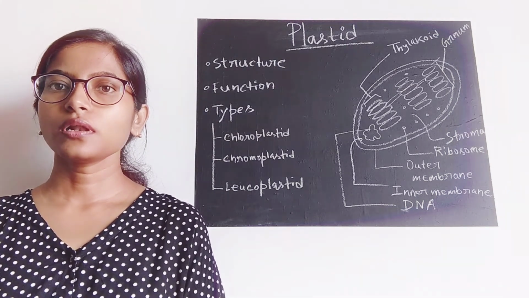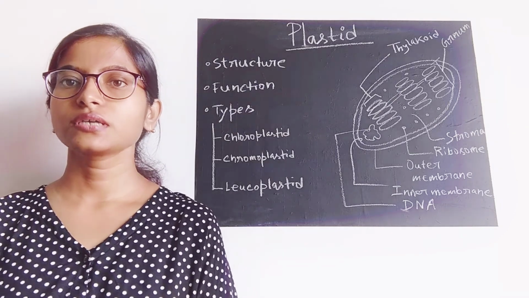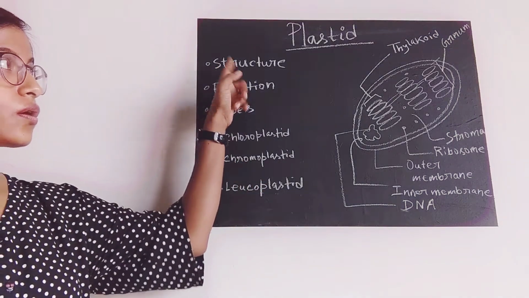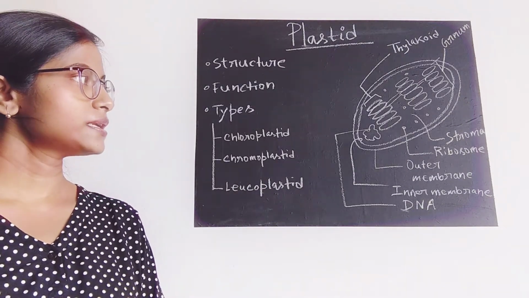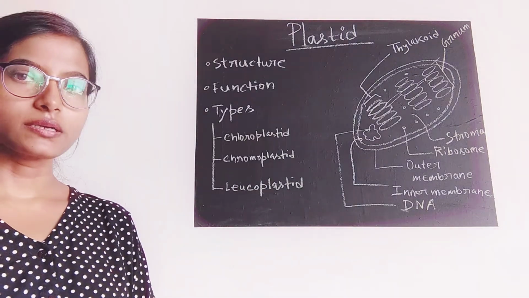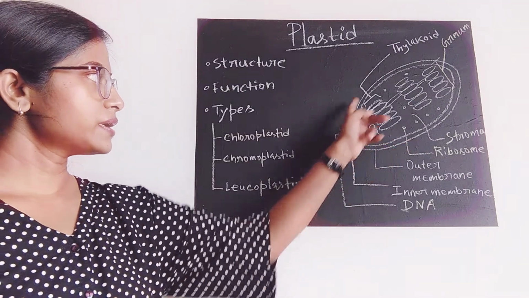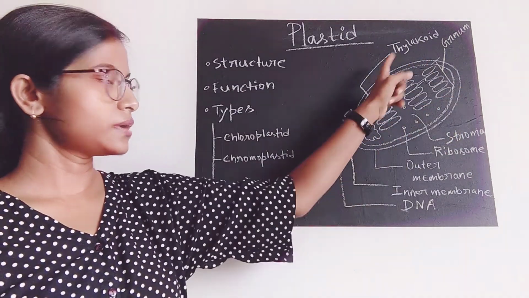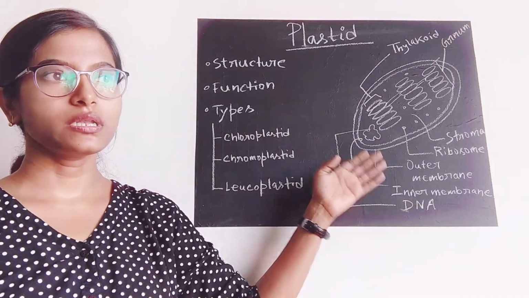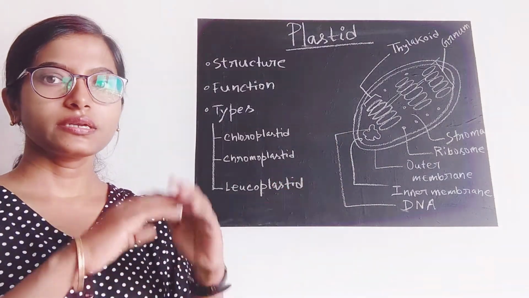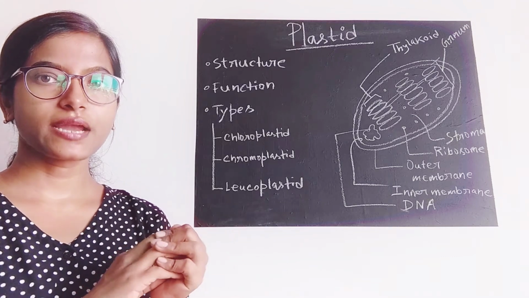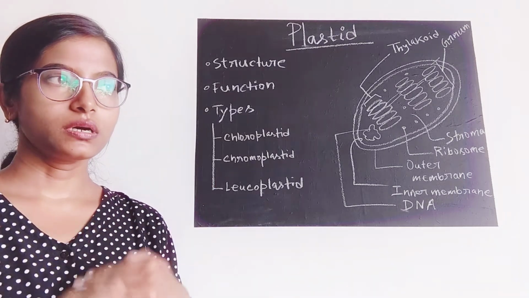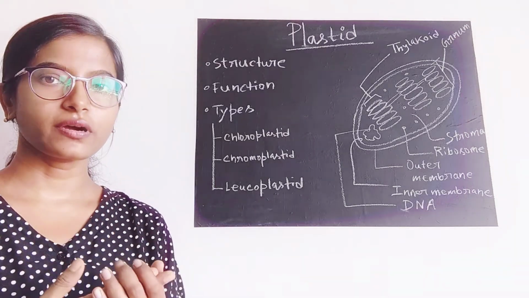So first of all, we are going to discuss the structure of plastid. In the structure of plastid, there are two parts. One, the membranous part. As it is a specialized organelle, it's a separate chamber present inside a cell for performing a specific function.